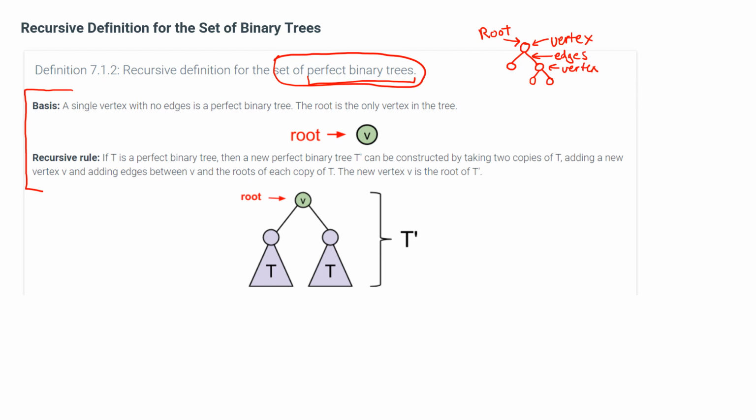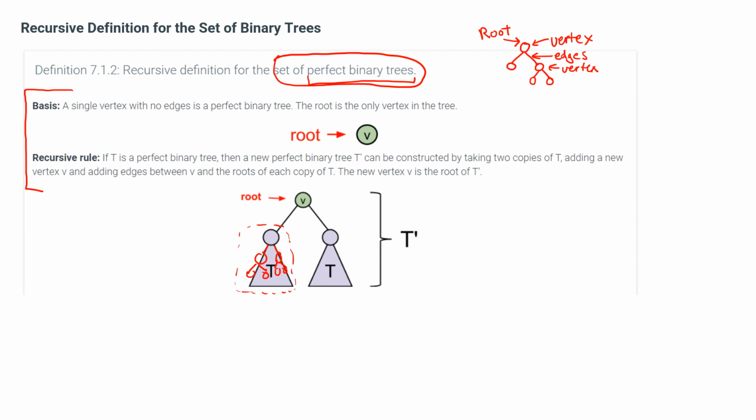If T is a perfect binary tree, so let's look over here, and this is just kind of like an outline of what the tree might look like. There might be more little things here and so on. So they kind of just have this triangular shape just to show that it's some tree. It's already known to be a perfect binary tree.